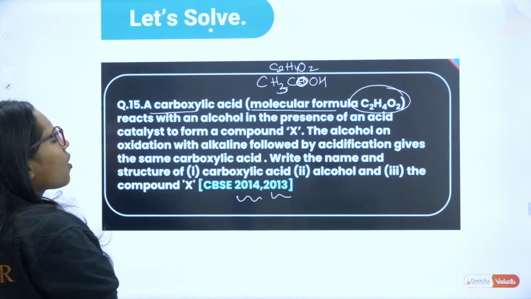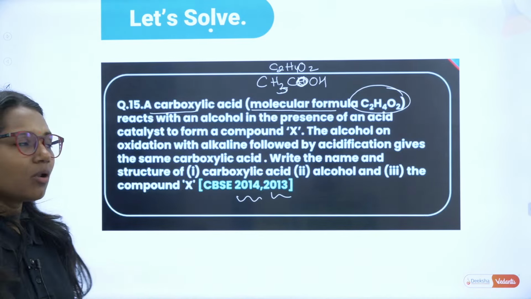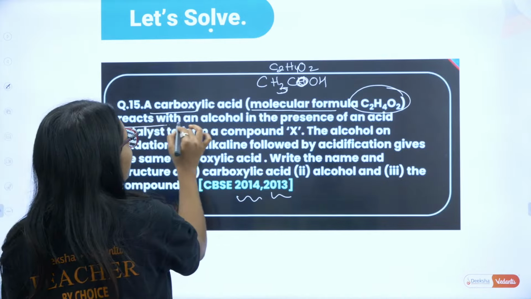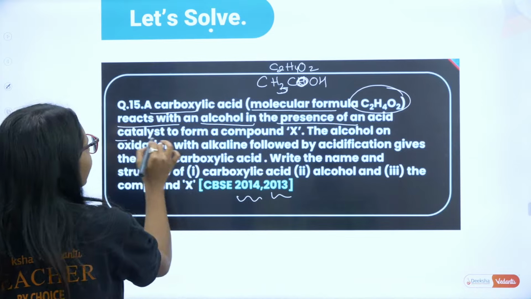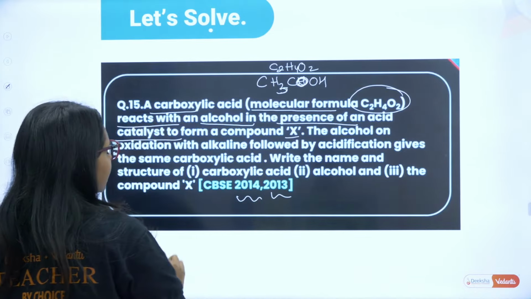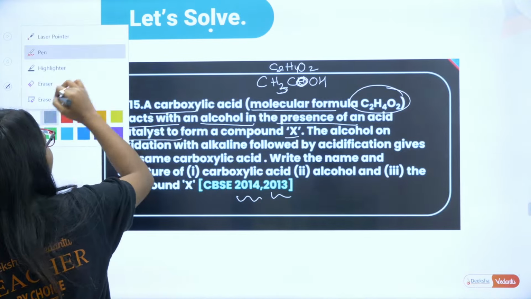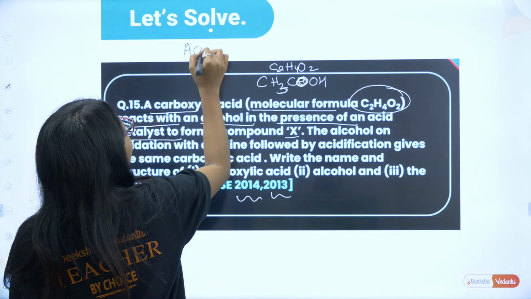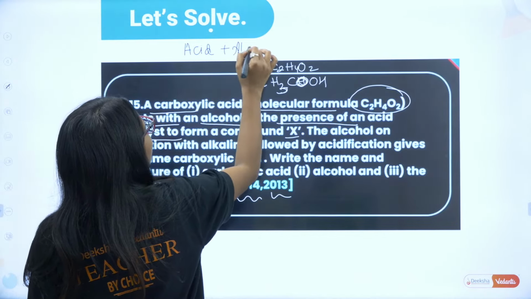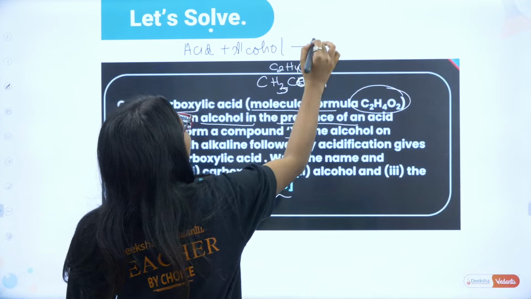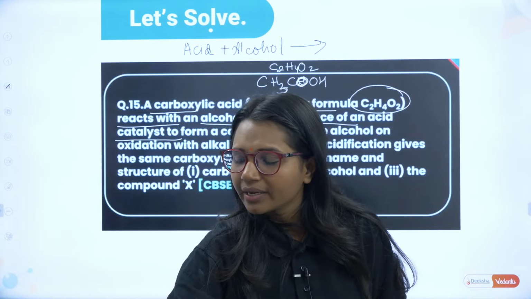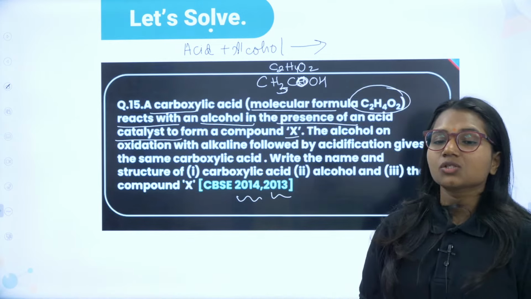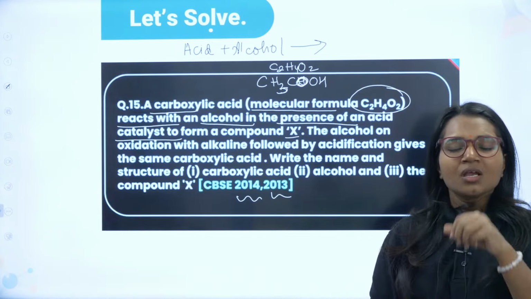So what is the formula here? C2H4O2. A carboxylic acid with this molecular formula reacts with alcohol in the presence of an acid to form compound X. Can you guys tell me, when acid reacts with alcohol, what do you get? I have discussed this question earlier also.